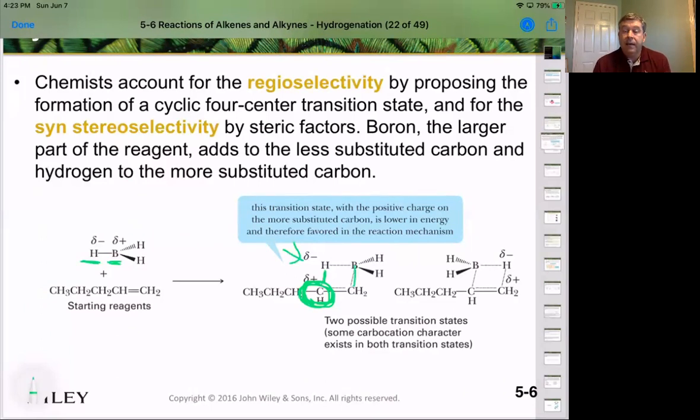Okay. If they tried to add in the opposite direction, we would have our forming partially positive carbocation be on the primary carbon or the less substituted carbon, and it would not add as well. So being that we have this partially negative hydrogen and a partially positive boron, it's going to add across, giving us our more stable, partially positive carbocation.